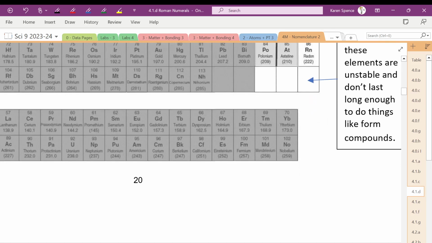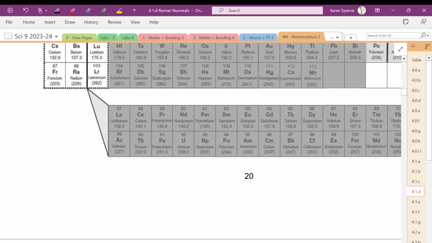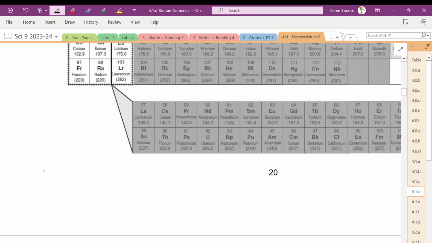Let's see where a good place to do that. We're going to do it at the bottom of the page here. Okay? 1, 2, 3, 4, 5, 6, 7, 8.